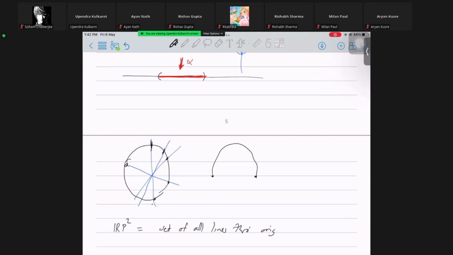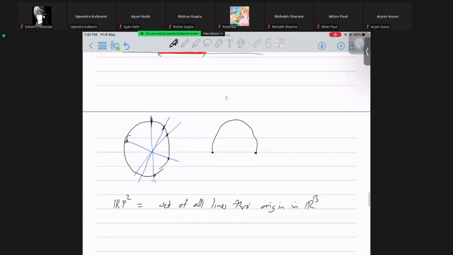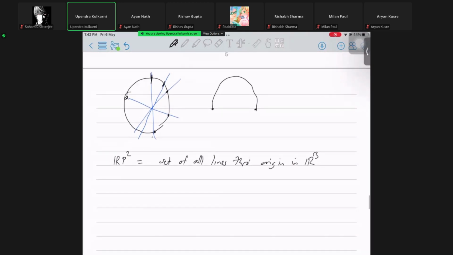Yes, we have to identify all points on the equator. Exactly, in R3. Then I get a hemisphere, and now this becomes a completely weird set. On the equator, I have to identify all diametrically opposite points. So what can I do?